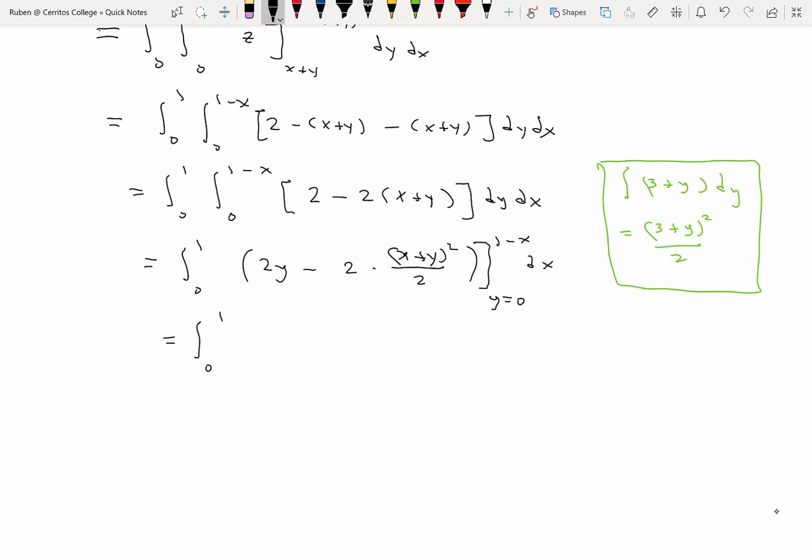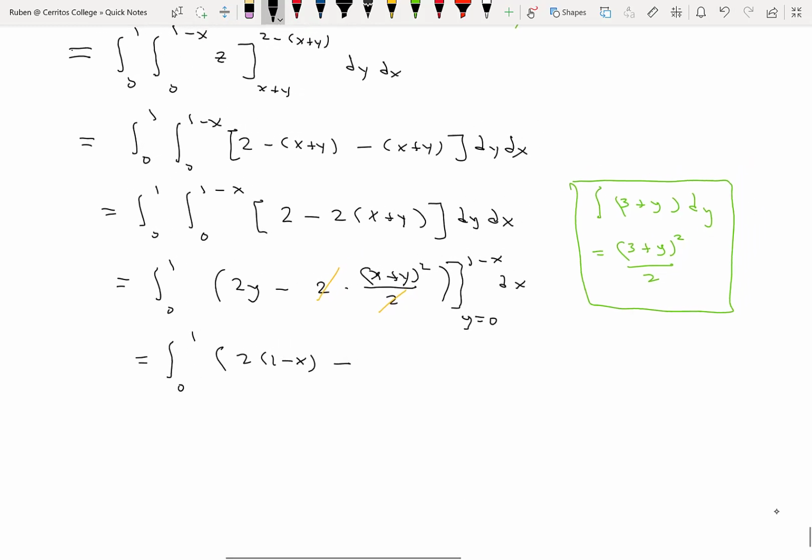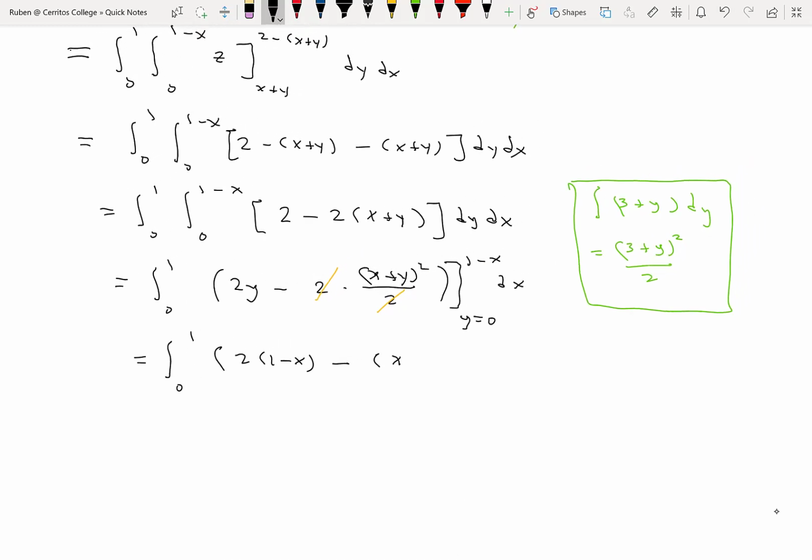It's just style. So this integral is, as y varies from 0 to 1 minus x. If I substitute y equals 1 minus x, I get 2 times 1 minus x, minus, substituting 1 minus x in for y, (x plus 1 minus x) squared.